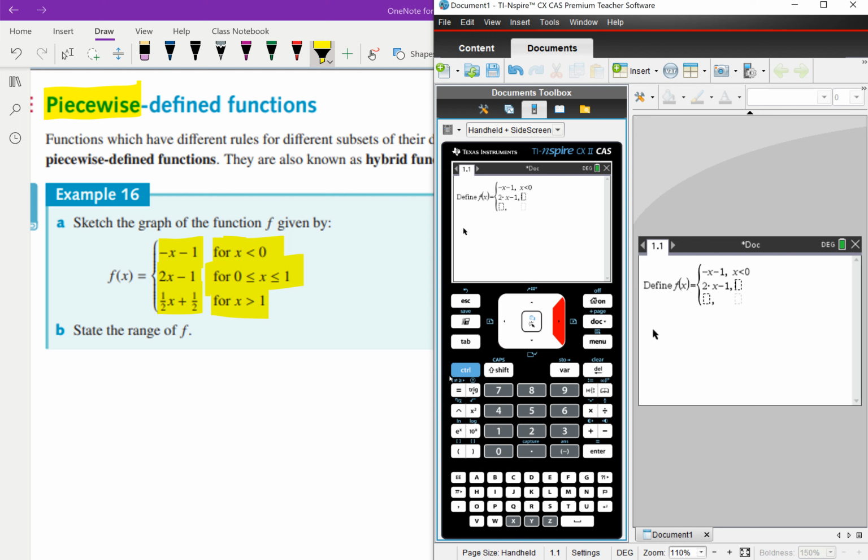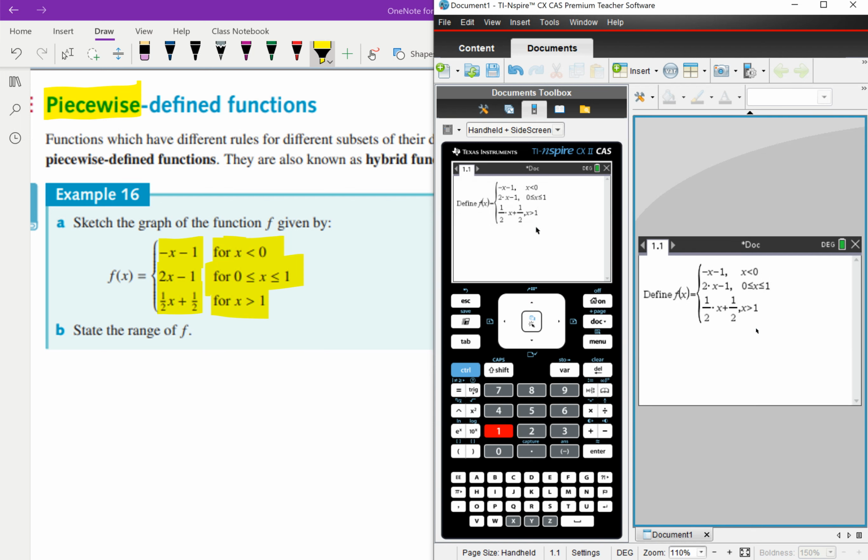Move to the next domain: from 0, including 0, so x is greater than or equal to 0, and x is less than 1. Then the next one is 1/2 x + 1/2, using control divide, and the domain is x greater than 1, so control equals, greater than 1.